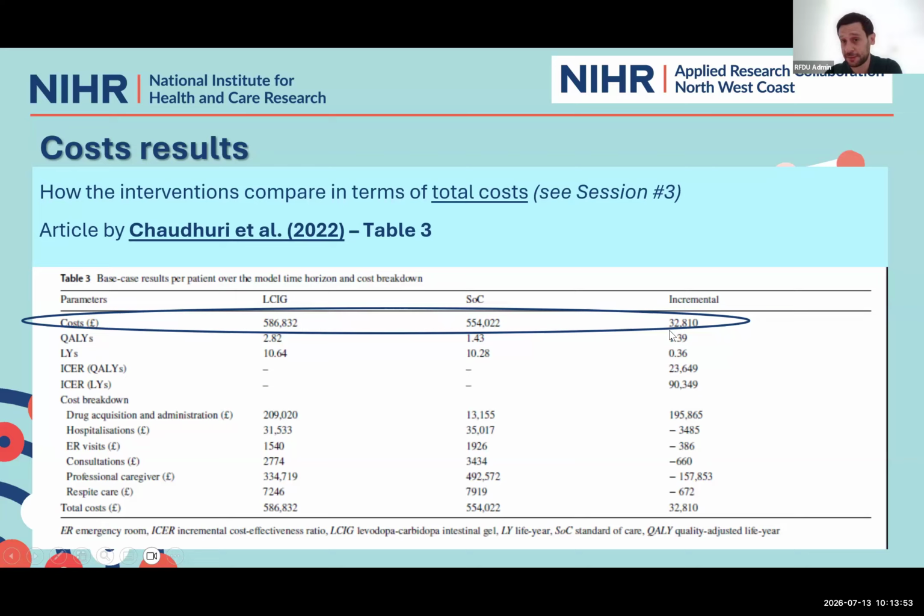In particular, they're about £30,000 higher for the intervention group. So that means the intervention is associated with more costs, again at the average level. We're looking at the average for the average patient in this case. So there seem to be more costs with the intervention compared with the standard of care, and this is something we need to consider.